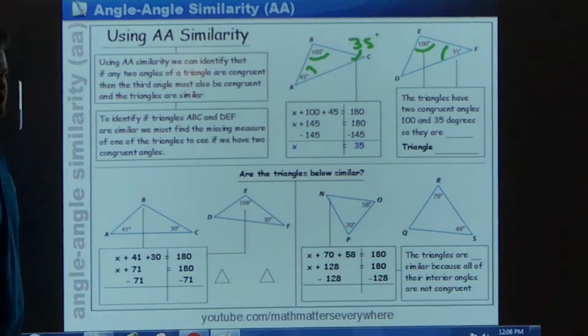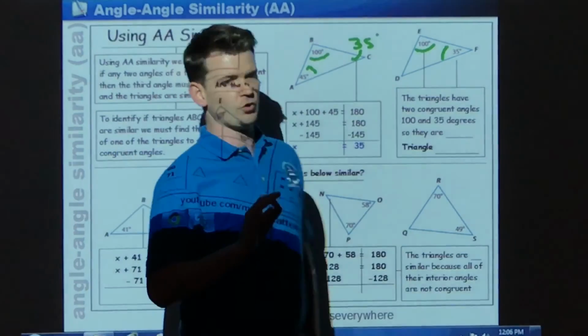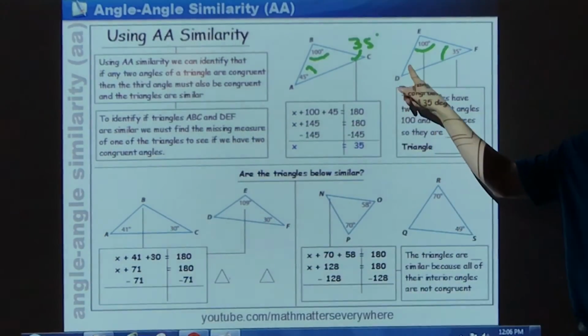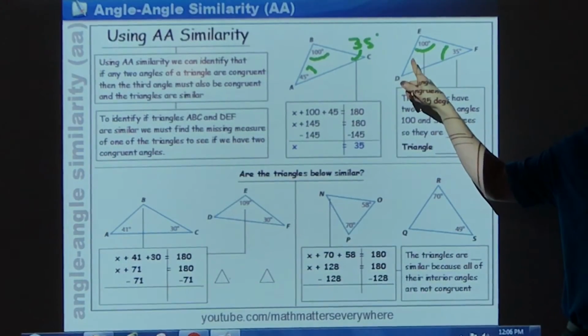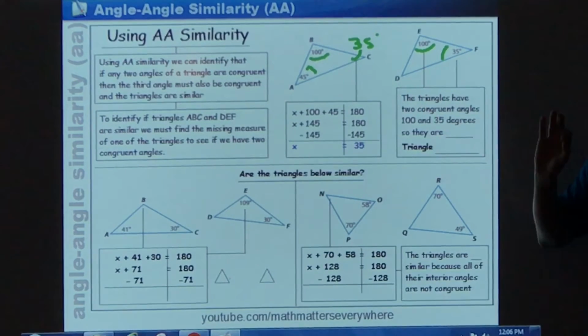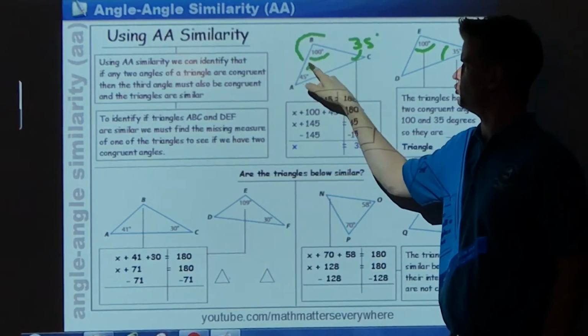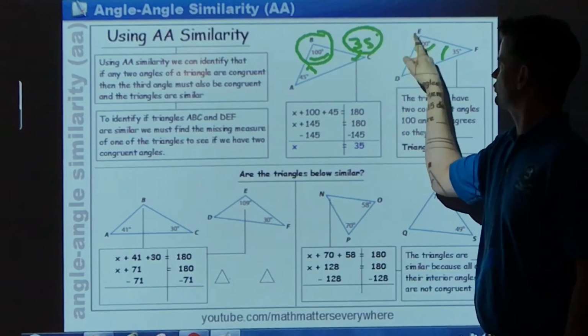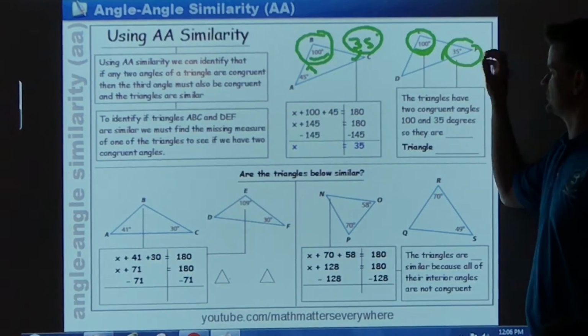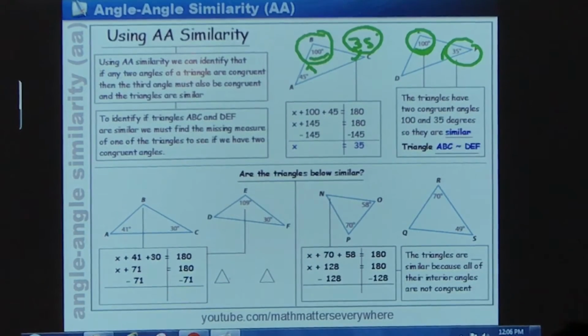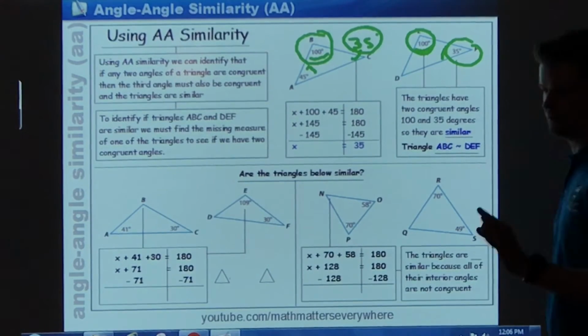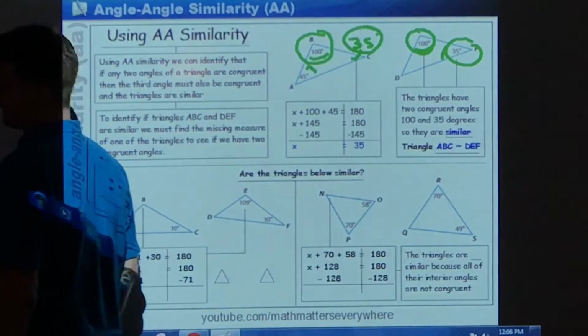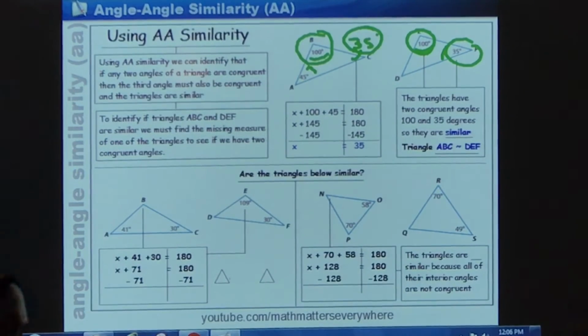Do these triangles have two congruent angles, at least? Yes. If you wanted to keep working, you would find out that this angle measure is 45. You don't need that, because once you identify that two of the angles are congruent, it means that these triangles have to be similar. So ABC is similar to DEF. We only really need two angles when we're dealing with a triangle, because if two of the angles are the same, the third one must also be the same.